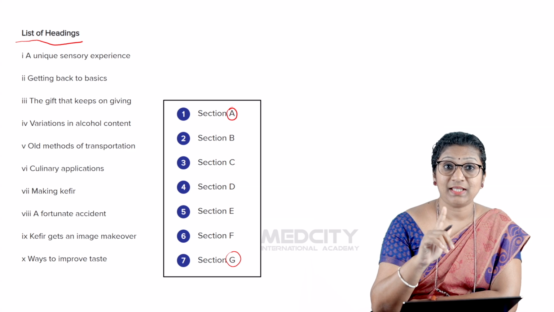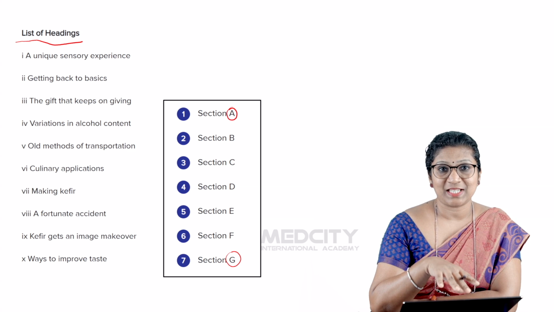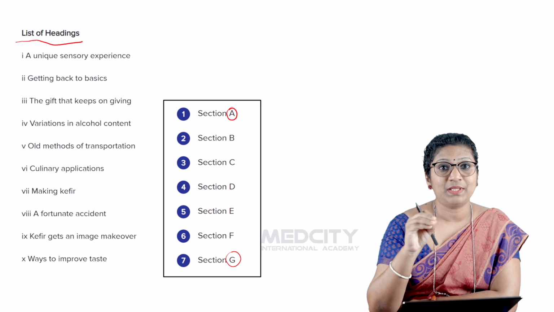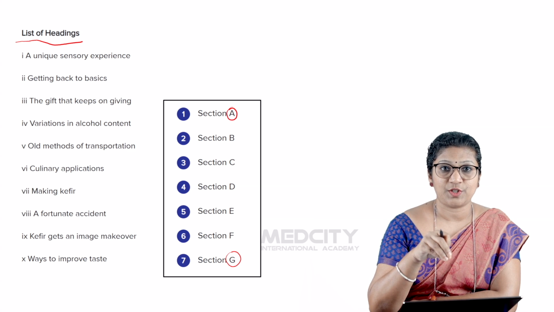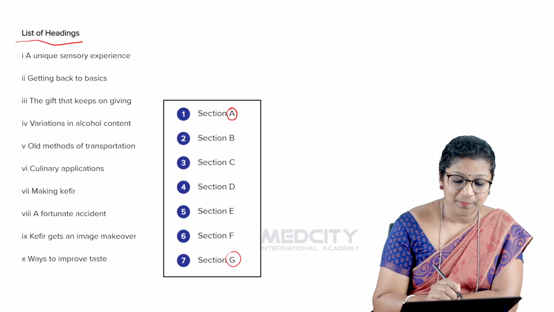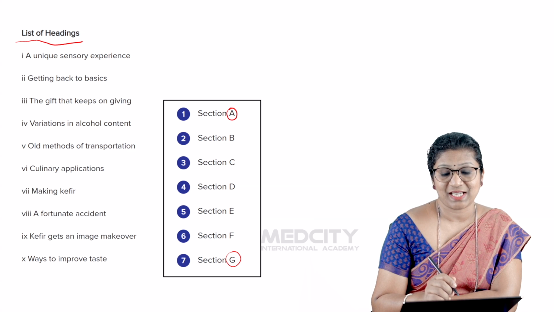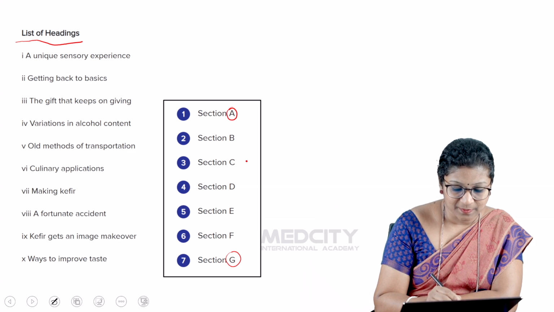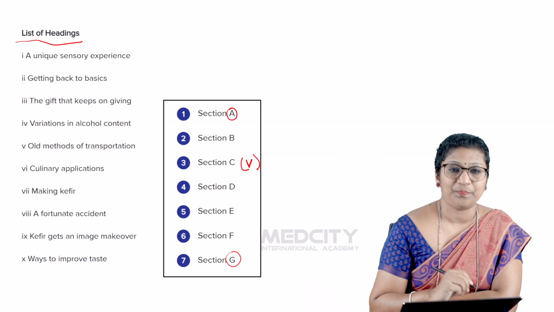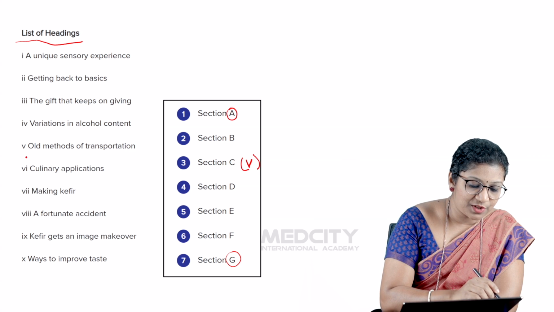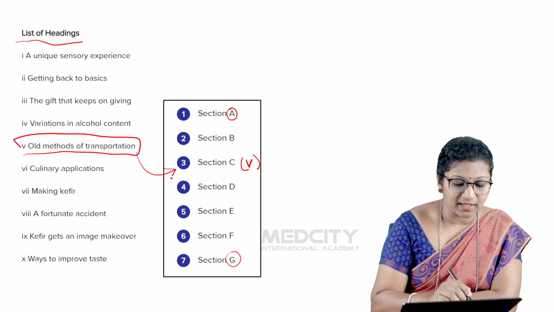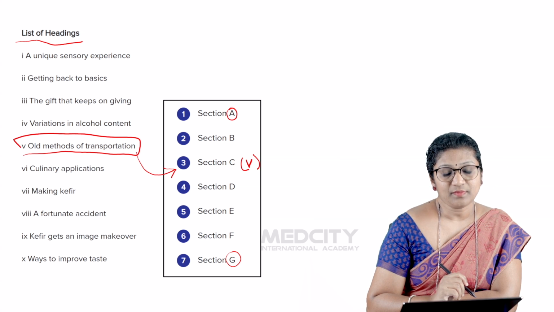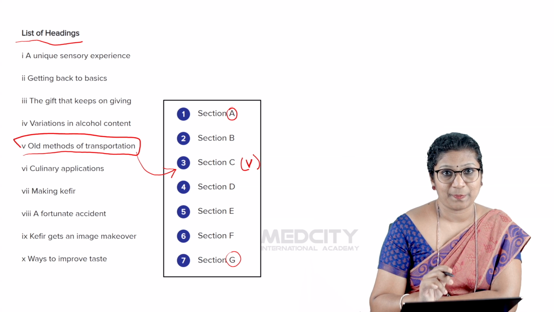Now, another thing is, in this particular example that I've taken, there is no example done. Now in some questions, there is clearly an example given to you. For instance, maybe for section C, they would have already given it as an example and answered it as 5, which means it is the list of heading number 5 that matches paragraph C. So if an example is already done, then you know what your first step should be.